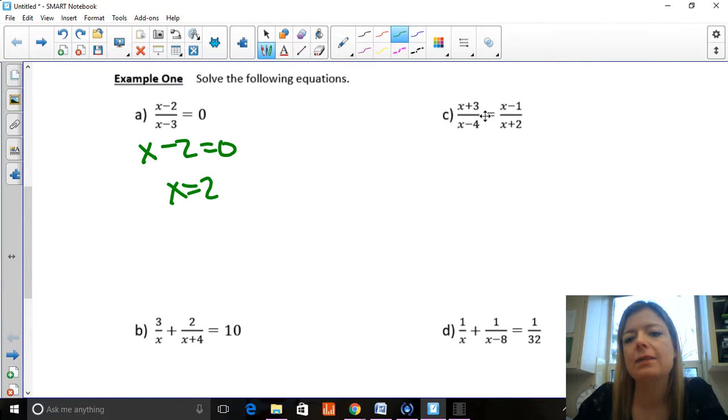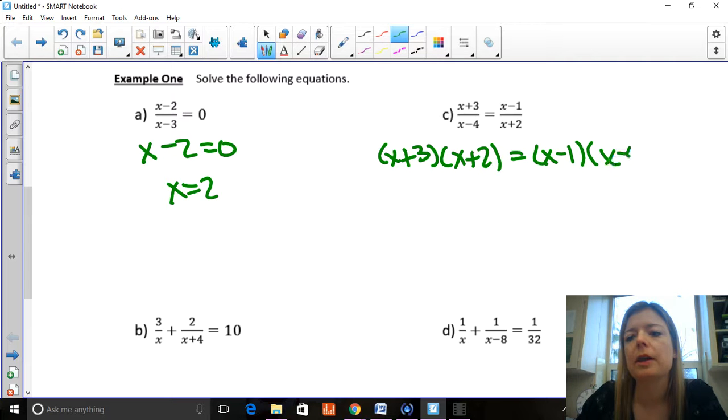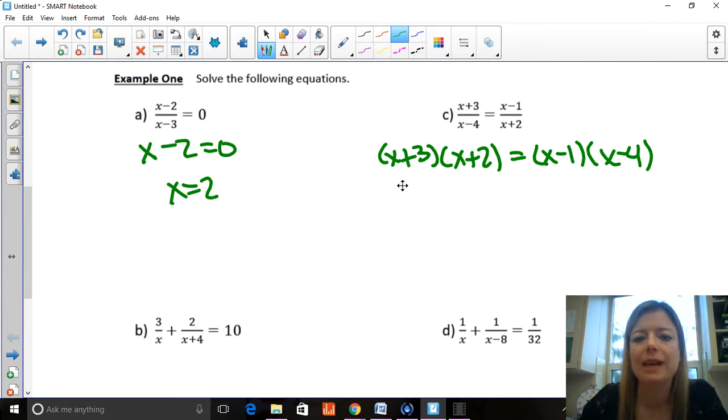In this case, we need to cross multiply. So this will become x plus 3 times x plus 2 equals x minus 1 times x minus 4. Now we just need to FOIL out and solve. This is actually a quadratic equaling a quadratic, which we've been doing since grade 10.